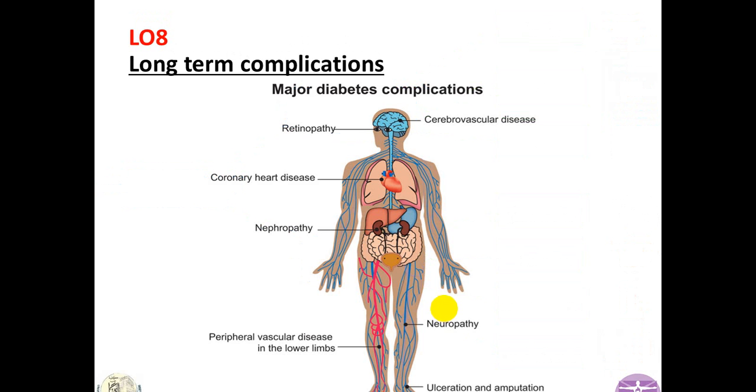So this figure of the human body shows the different types of complications like cerebrovascular disease, retinopathy, coronary heart disease, nephropathy of the kidneys, peripheral vascular disease and amputation of the legs, neuropathy of the nerves, and finally ulceration and amputation, what is called diabetic foot.